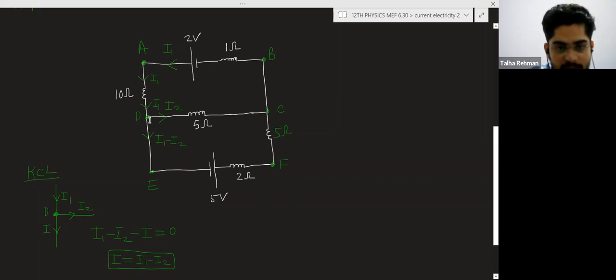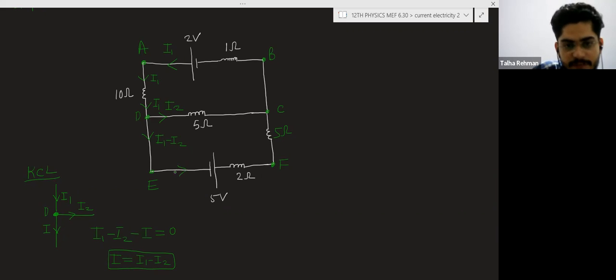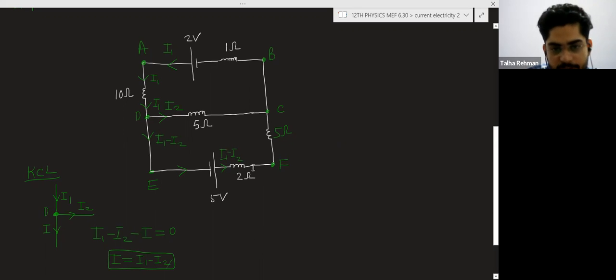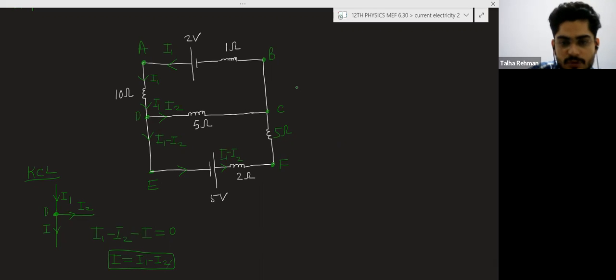As from D to E the wire is the same, the current is the same, so here also the current is I1 minus I2. From here to here the wire is the same, so the current will remain the same, I1 minus I2.